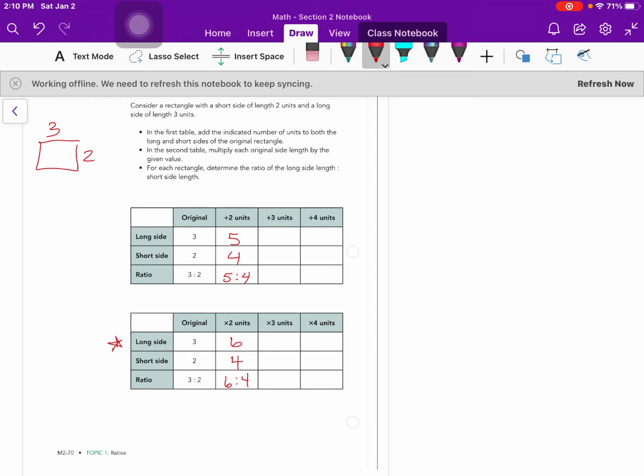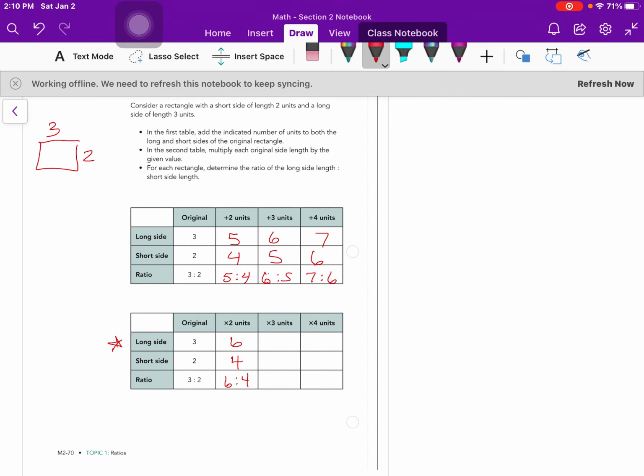Okay, hopefully you had a chance to fill that out. We'll go back up here. If we're adding 3 each time, this one would be 6. If we add 4, that would be 7. And the short side, adding 2 would be 4, adding 3 would be 5, adding 4 would be 6. And our ratios would be 6 to 5 and 7 to 6.